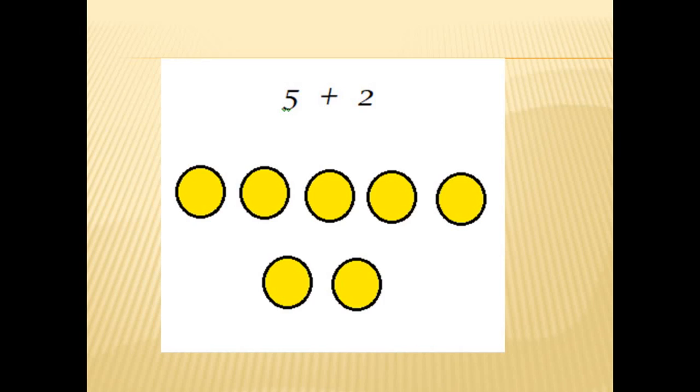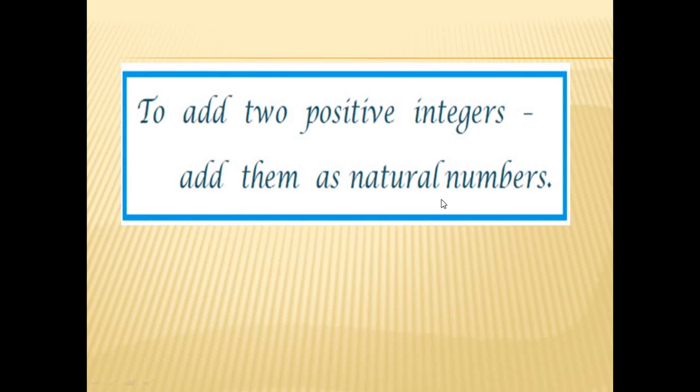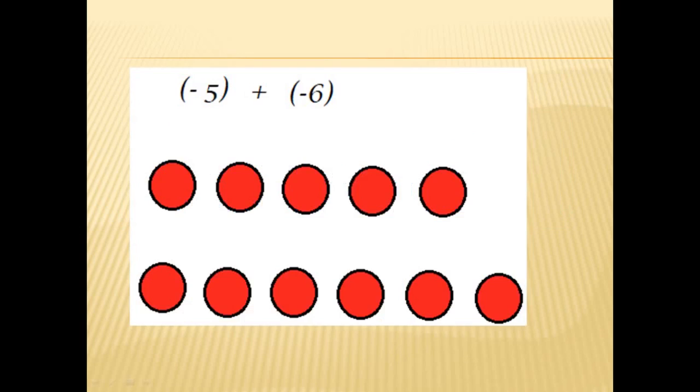Correct. 7 yellow counters are there. Yellow counters means it's positive. So, what will be the answer? When you are adding 2 positive integers, 5 plus 2, the answer is 7. So, total counters is 7. So, the first rule is to add 2 positive integers, add them as natural numbers.